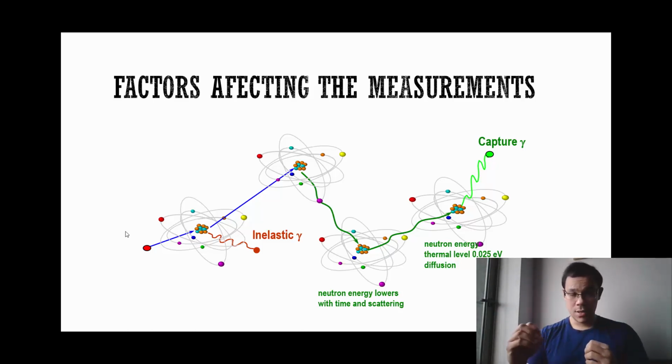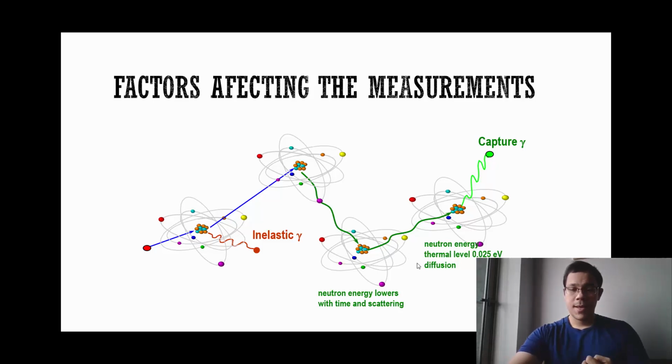On each collision, that neutron will lose some of its energy. Here we have this neutron, it had a collision, then moved forward, had another collision, and so on. When they leave the radioactive source, they are high energy neutrons. After many collisions, their energy level will reach a thermal level.